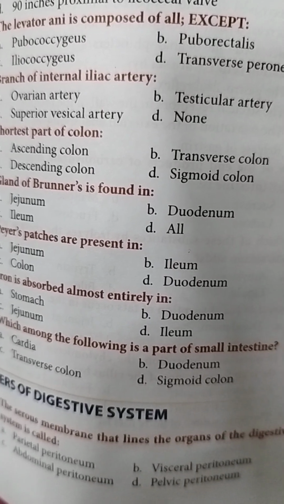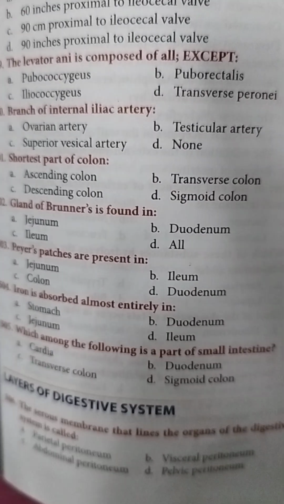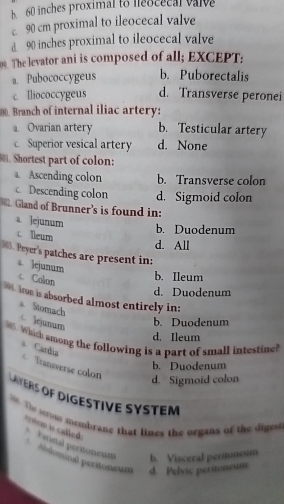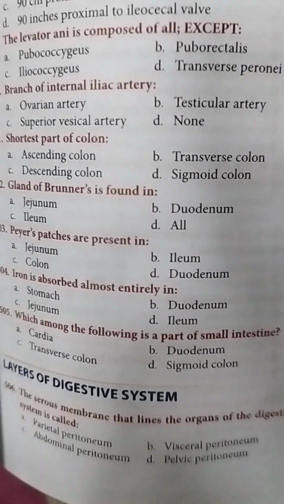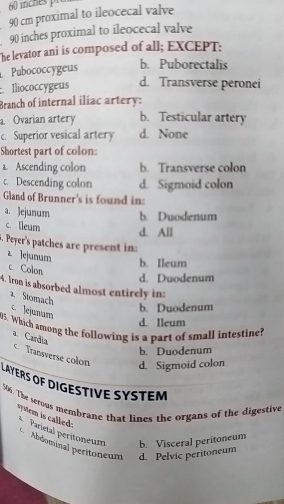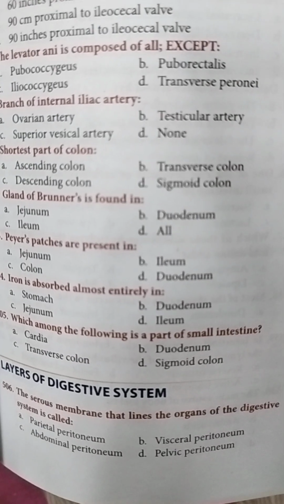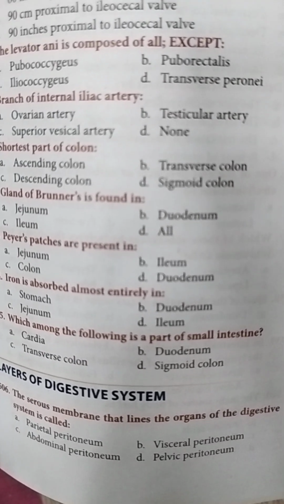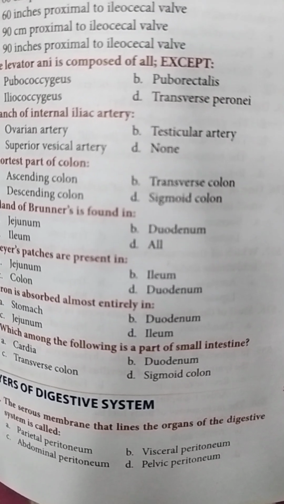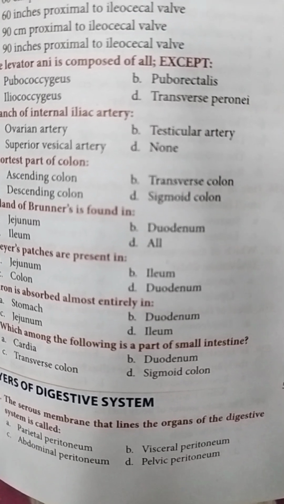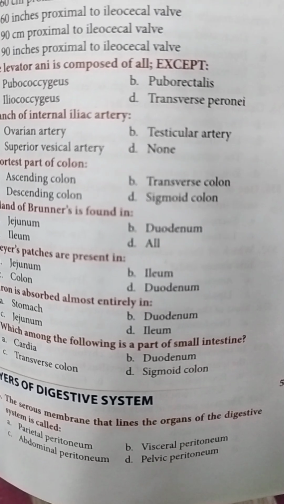Which among the following is a part of small intestine? Duodenum. The serous membrane that lines the organ of the digestive system is called visceral peritoneum.